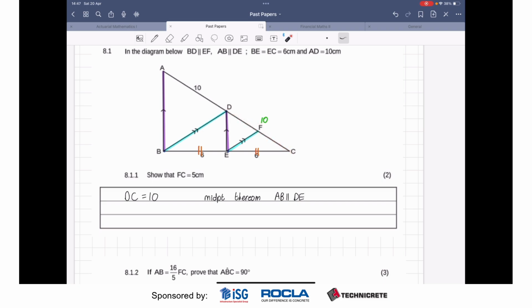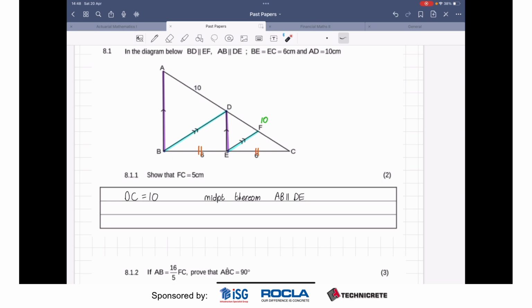And again, I can see that in this triangle now, this BCD, I've got one side of the triangle, which is parallel to the line that's joining this midpoint to the second line of the triangle, which means that F must also be the midpoint on this line.